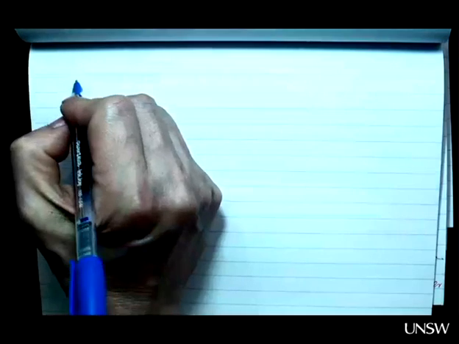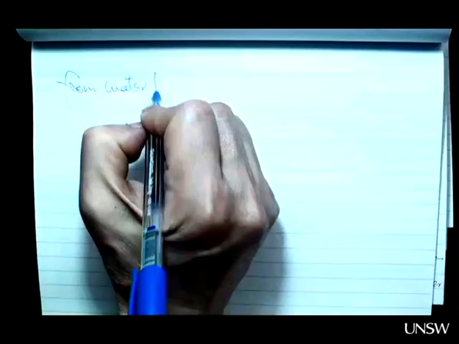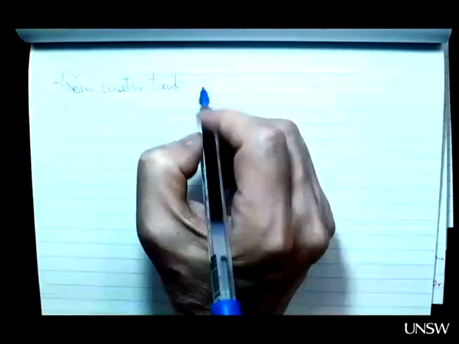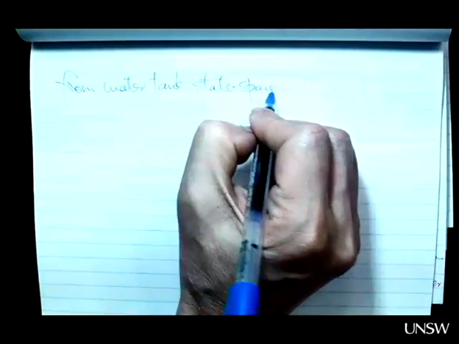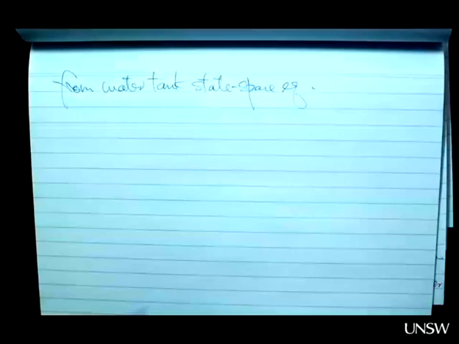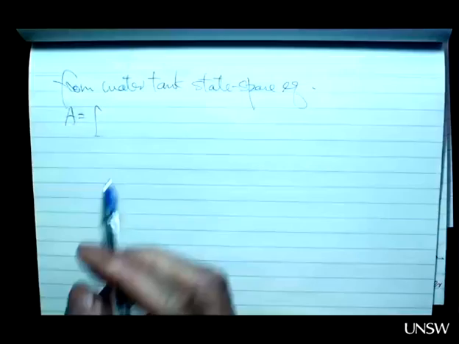So from our previous example, from the water tank, state space equations, then we have A equals minus 1, 1, and 1, minus 2.